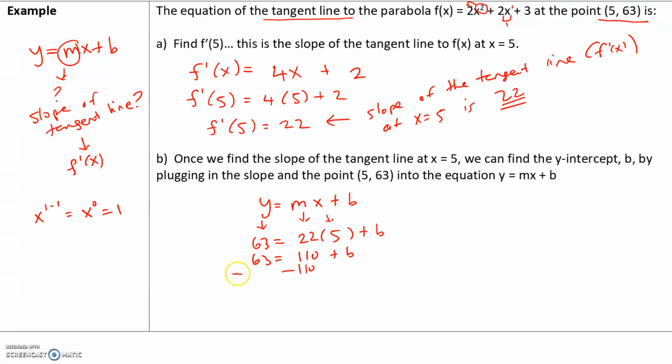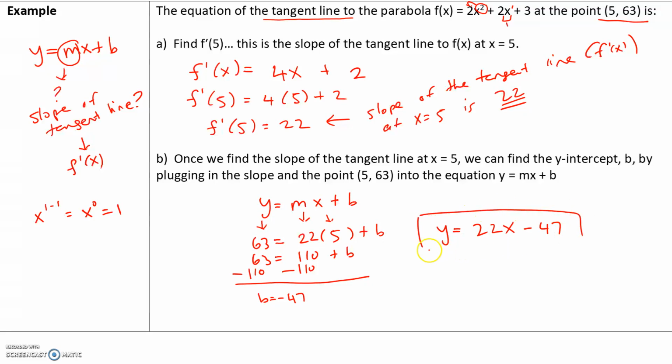We subtract 110 from both sides. 63 minus 110 gives you negative 47. So our equation is y equals our slope, which is 22, x minus our y-intercept, which is 47.